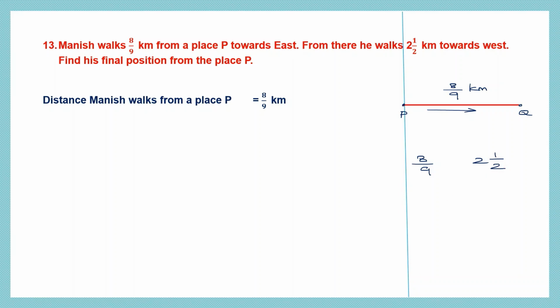So we have to compare. So before we compare, let's convert. 8 by 9 will remain as it is. Convert 2 1 by 2. 2 2s are 4. 4 plus 1 is 5. 5 by 2. Now we are comparing these two fractions, and as you know, there are many ways of comparing. The easiest way is cross multiplying the numerator and the denominator.